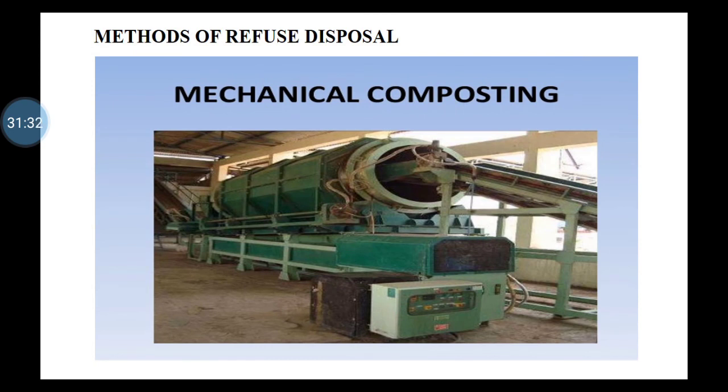Now composting can be done by a mechanical process also. In composting we have seen that a period of 6 months is required, but in mechanical composting, the period required is only 4 to 6 weeks. This is the advanced method of refuse disposal. Here, whatever water insoluble or large size substances are there, like rags, metal, glass, stone, bones, they are sorted and size reduced by machine.